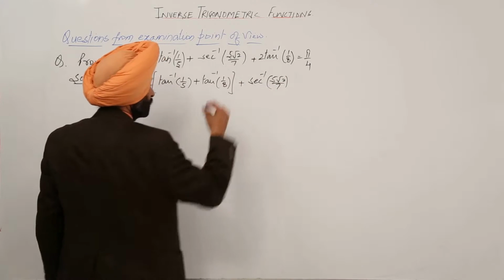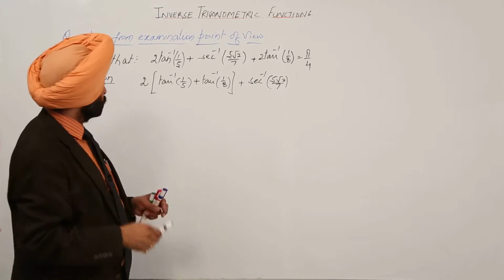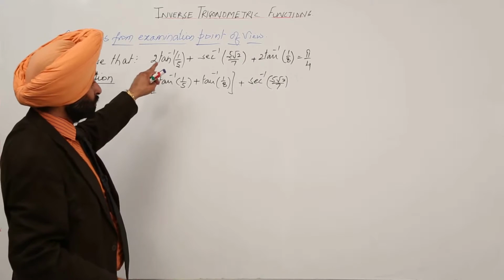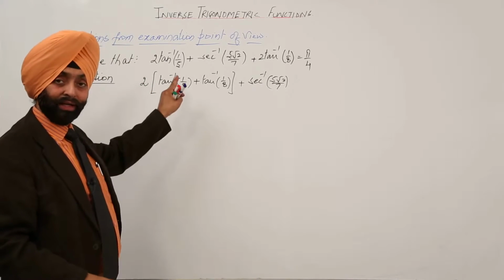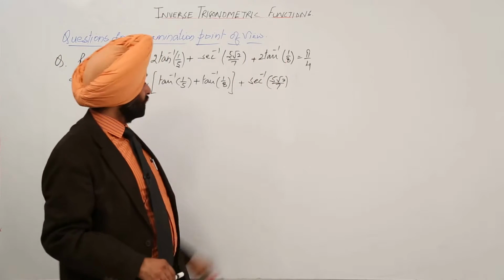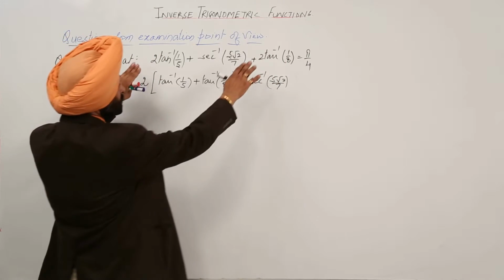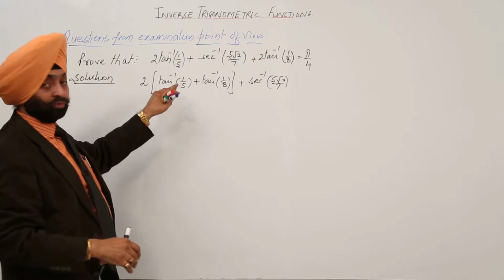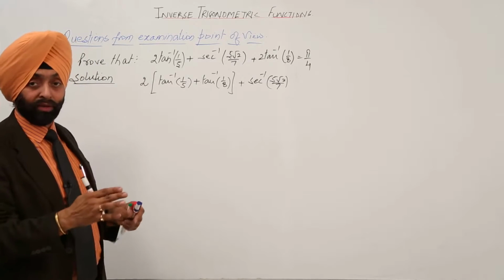Now what else can you do? Either you can use the formula for 2 tan inverse x right here, and the formula for 2 tan inverse 1 by 8 here, and then after using these two formulas your question will convert to tan inverse x plus tan inverse y.